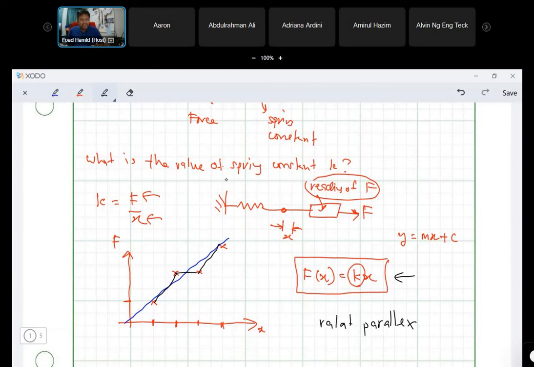No, in this case, it's not due to parallax error, but this is mostly because of the accuracy or precision of the equipment that you are using. So this is one of the issues. We know that when we do experiments, we are bound to have errors. The precision of the equipment is one of the major sources of error.